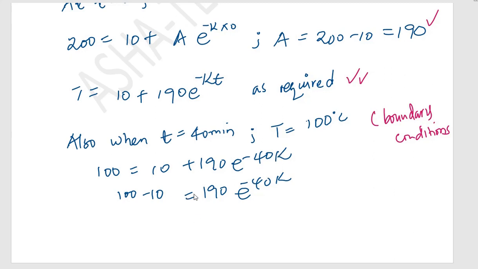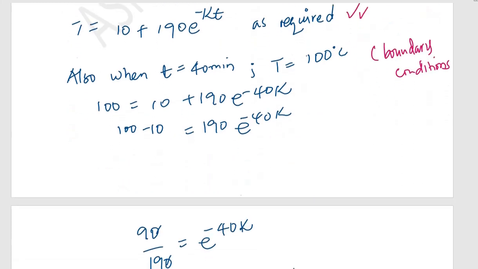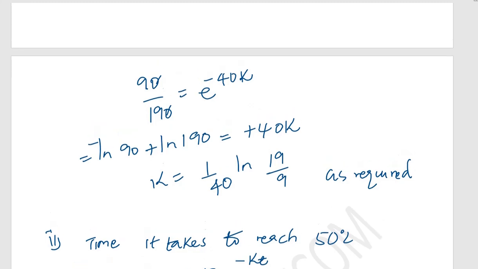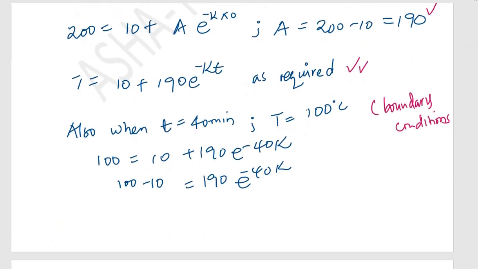and it is 40. So when we collect like terms, we get 90, because here I'm supposed to divide both sides by 190.